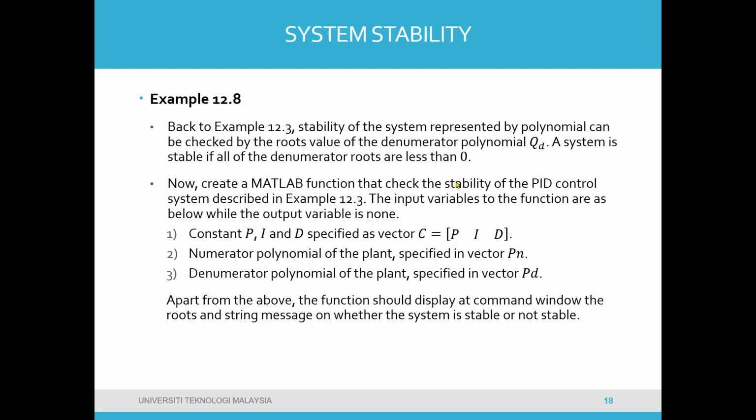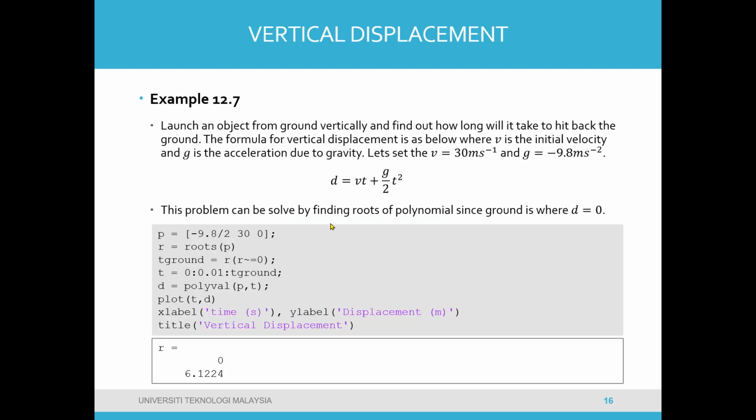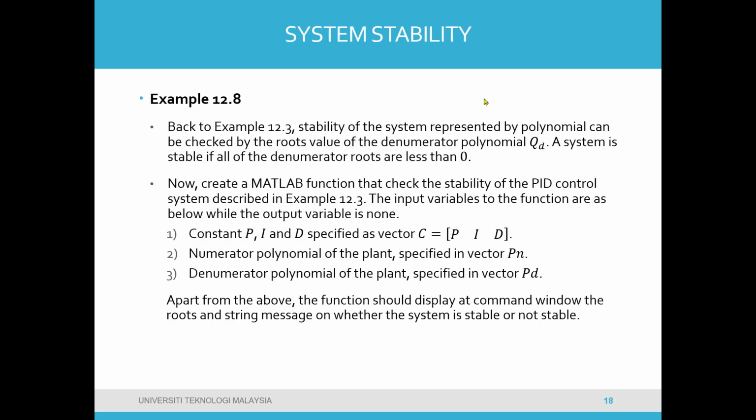Okay, now we'll look at another example on the usage of roots. Basically, you can use roots to determine the system stability. So, example 12.8, which relates to example 12.3.